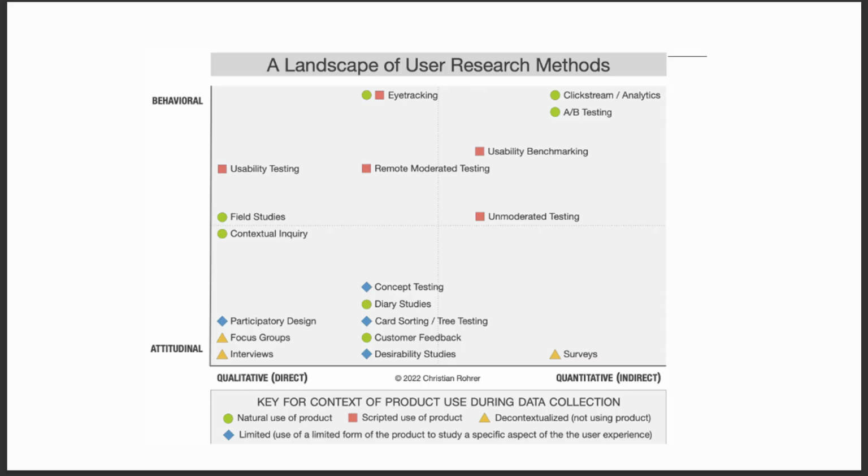So if you want opinions and highly qualitative, you do interviews and focus groups. If you want highly quantitative, so how many, and behavior, we can do analytics on sales, or what the clicking looks like, or A/B testing. How many people like this and how many don't like this or prefer.